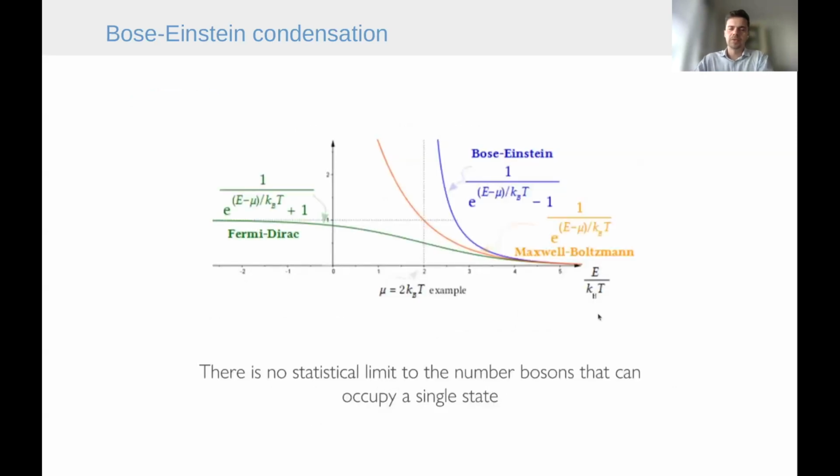We can see it if we plot the distributions. For our Bose-Einstein distribution, as we approach the chemical potential, the average occupation number diverges. For other distributions such as Maxwell-Boltzmann or Fermi-Dirac, there is no such phenomenon.